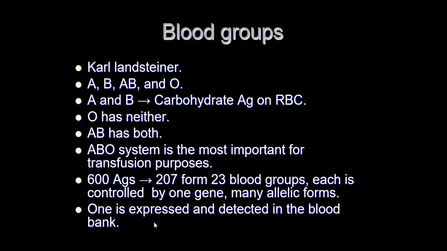Usually one is expressed and detected in the blood bank. So they write on the blood, for example, just blood group A or blood group B, or blood group AB or blood group O, and if they have identified the subtype, they say this is A1 or A2, for example, or B1, B2, or just the A or the B, or a combination of those.